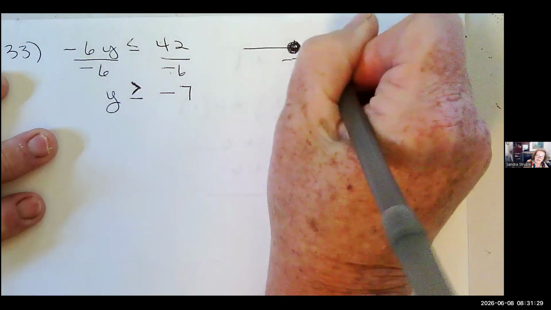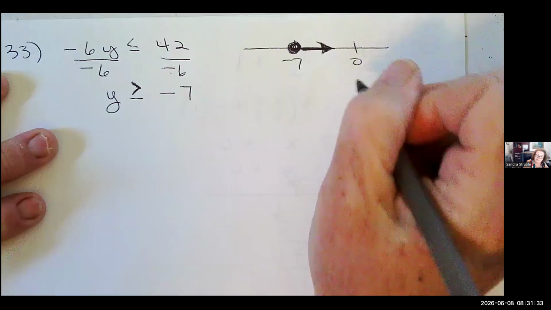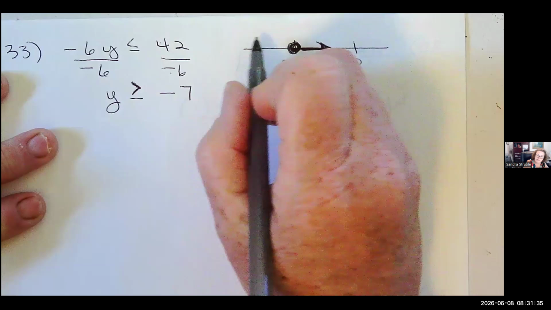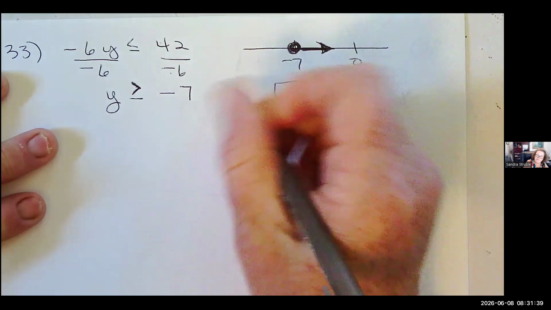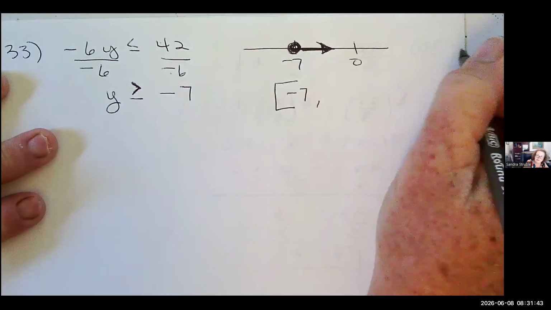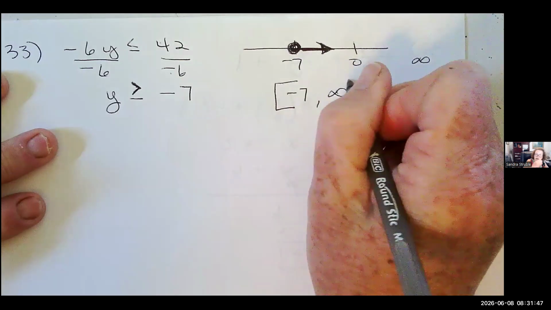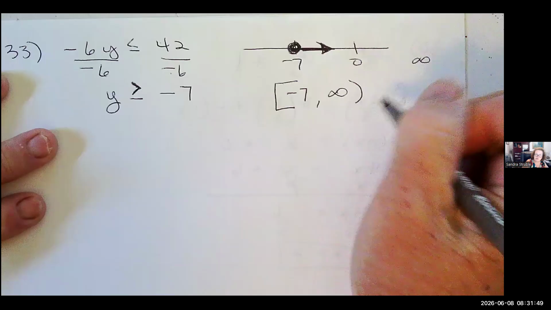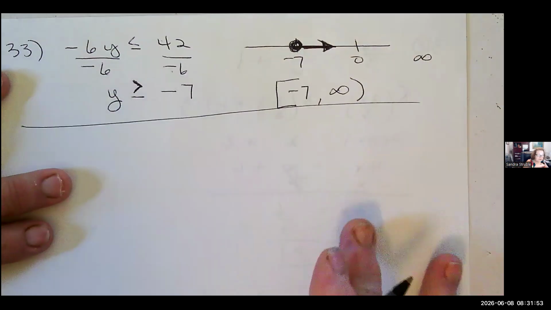And then left to right, if you're coming down the number line, our first number is -7. It is included because of the equal sign and the dot, and it's heading off to the largest number to the right, which is positive infinity. And infinities always get a parenthesis. Again, those of you who are taking college algebra next will need to have a good handle on this. We're going to be using this a lot.